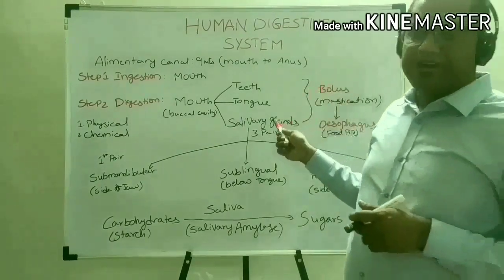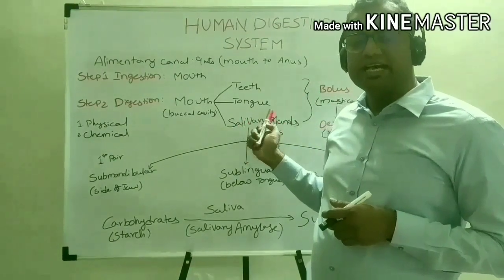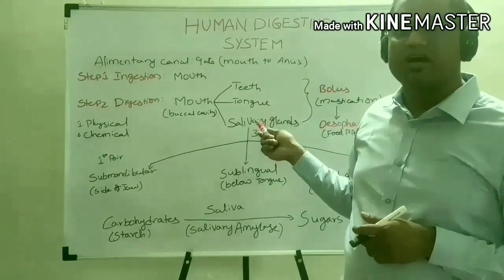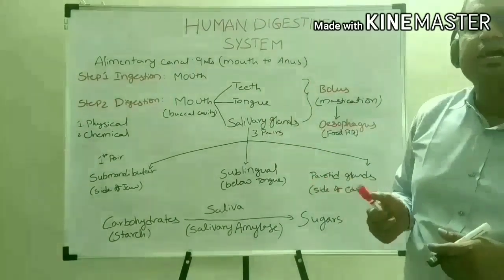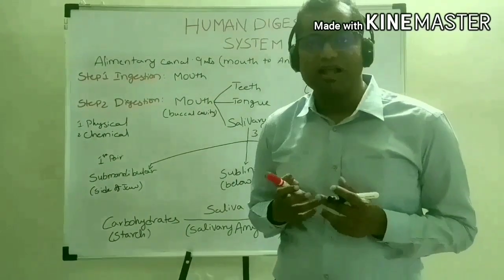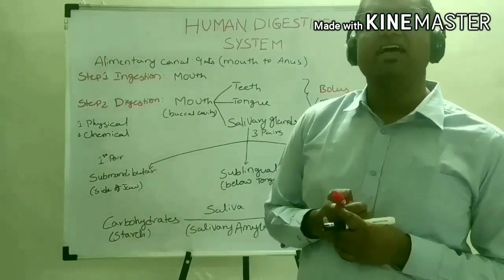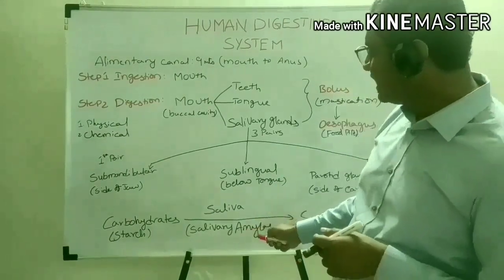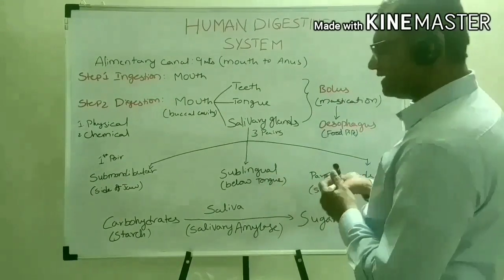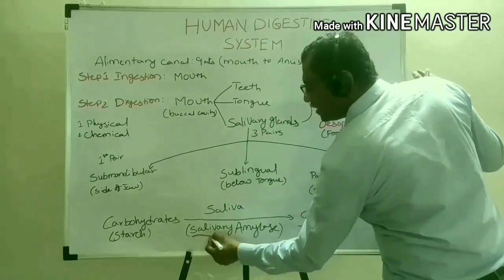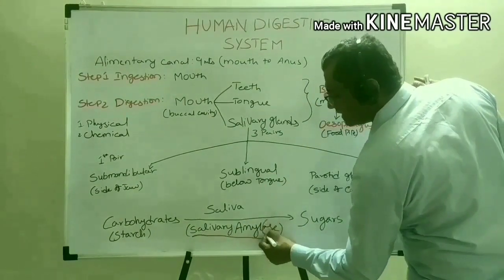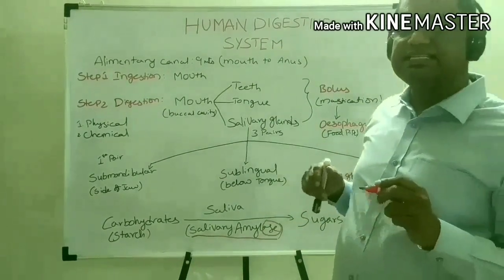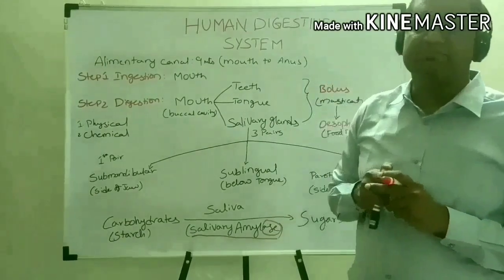Here, we have discussed initially that digestion begins at the mouth itself. How? This happens by saliva. What is present in saliva? Saliva consists of an enzyme known as salivary amylase. Here, I want to stress a point: whatever terminology ends with ASE is an enzyme.